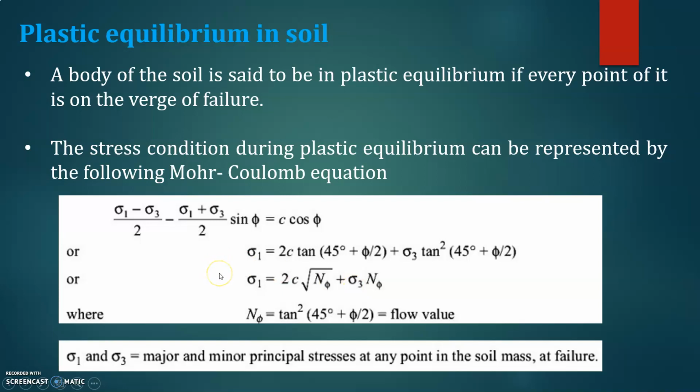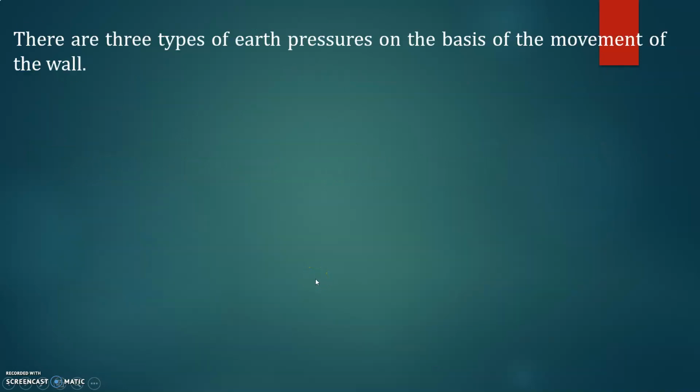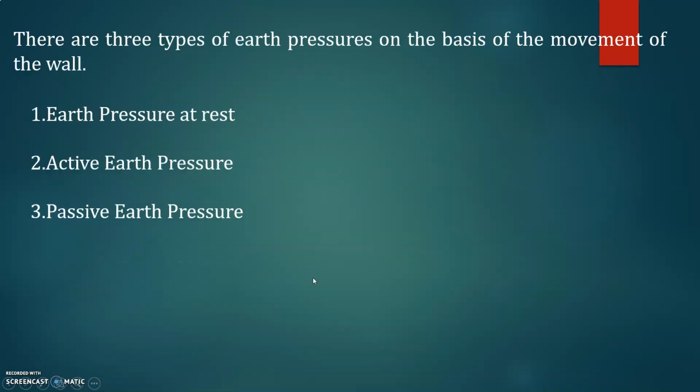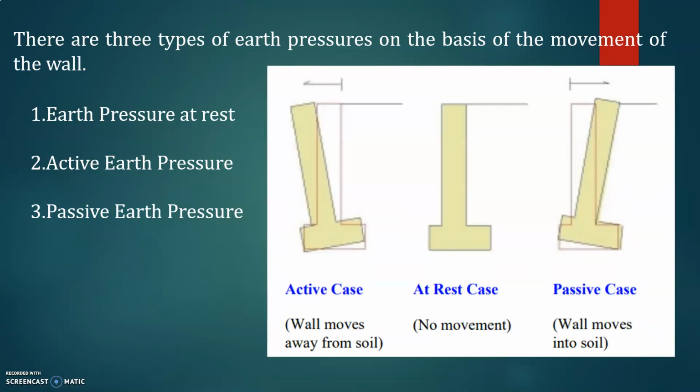Sigma 1 is the major principal stress and sigma 3 is the minor principal stress in the soil mass at failure. Now, there are three types of earth pressure on the basis of the movement of the wall. The first one is earth pressure at rest, the second one is active earth pressure, and the third one is passive earth pressure.